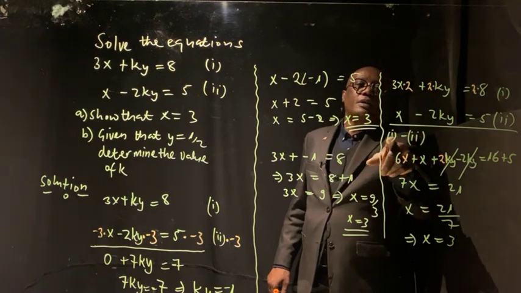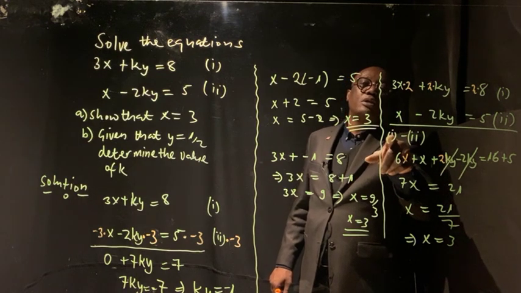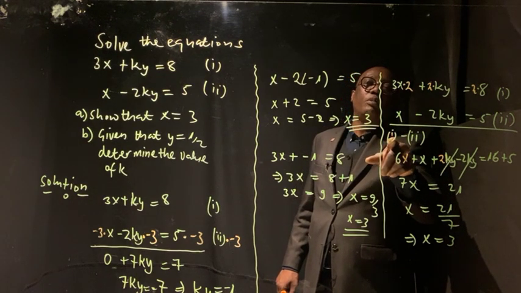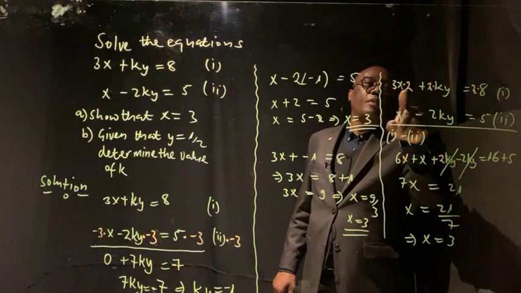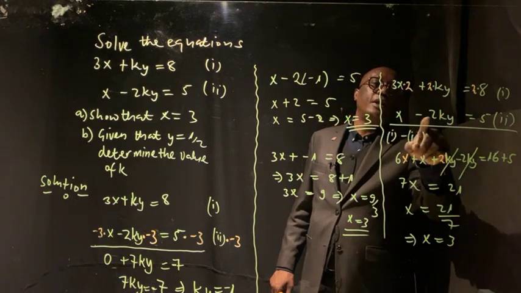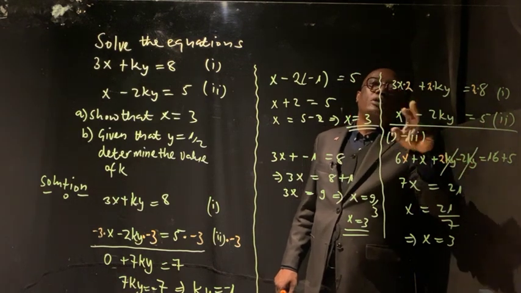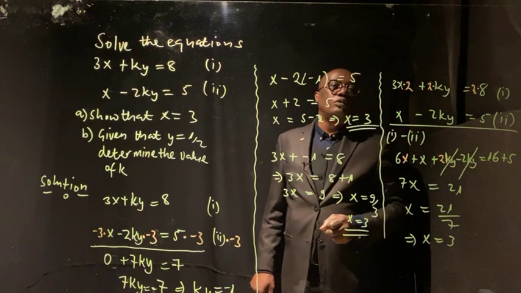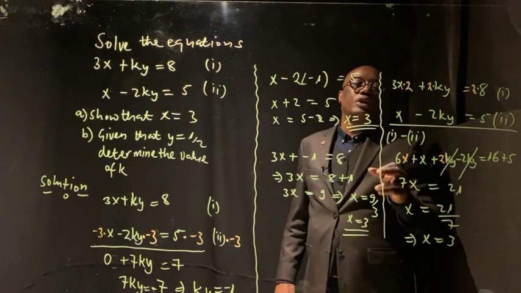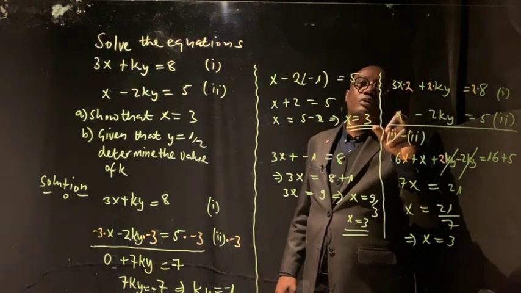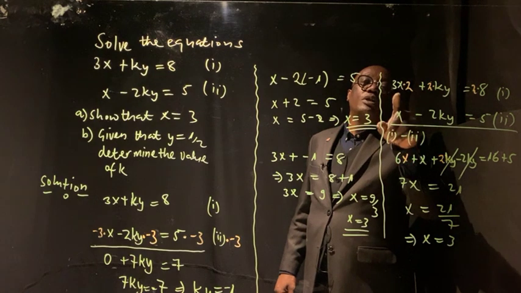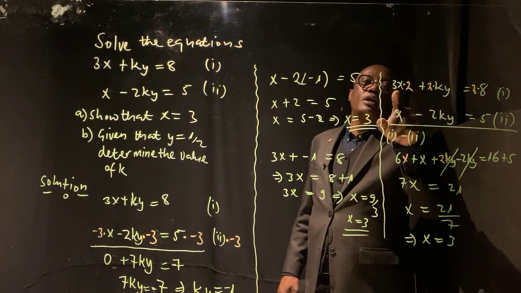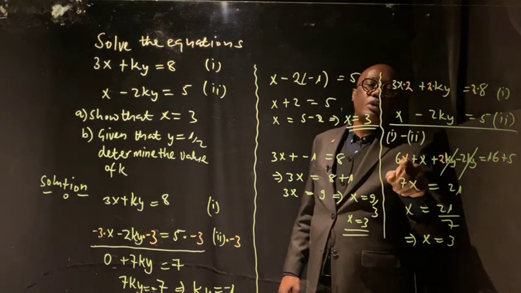Now, I said let us try to do equation 1 and equation 2. This is the same as equation 1, and this is the same as equation 2. We are going to do addition of equation 1 and equation 2. Equation 1: we had 3x multiplied by 2, we have 6x.